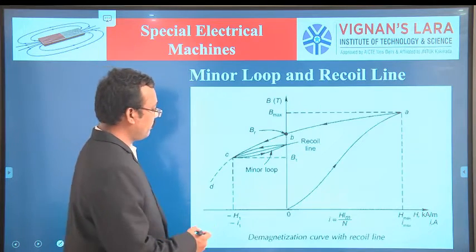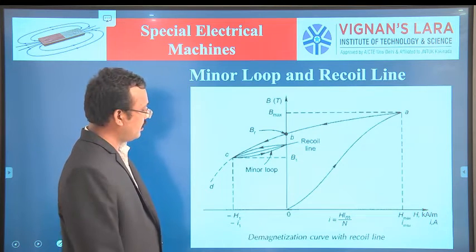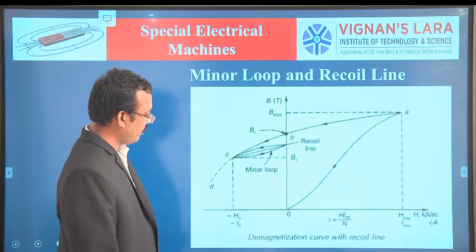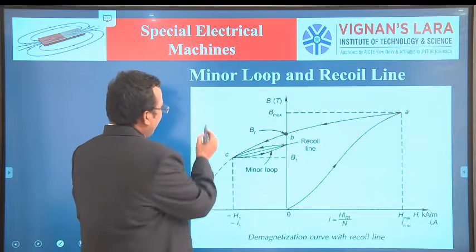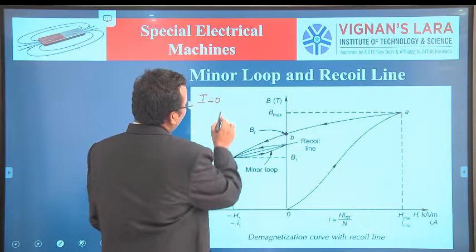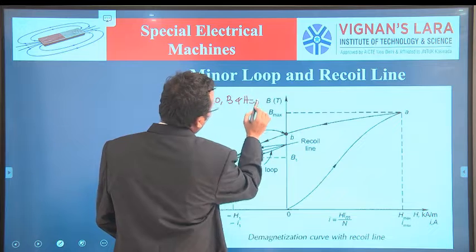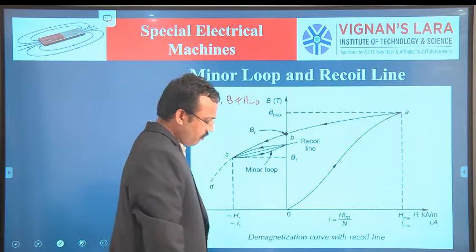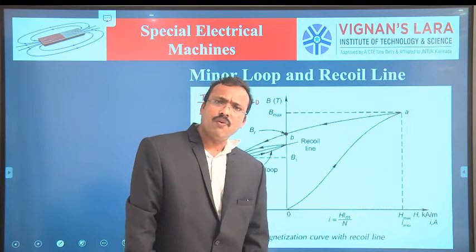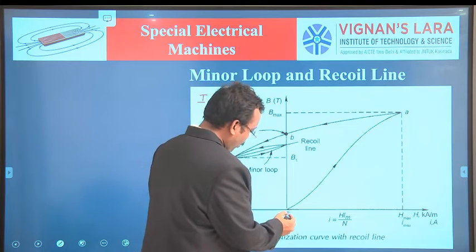We already discussed this in the previous section. The current I equal to 0, both B and H equal to 0. So there is no magnetic flux density and magnetizing force set up in the magnetic material. This point is called 0.